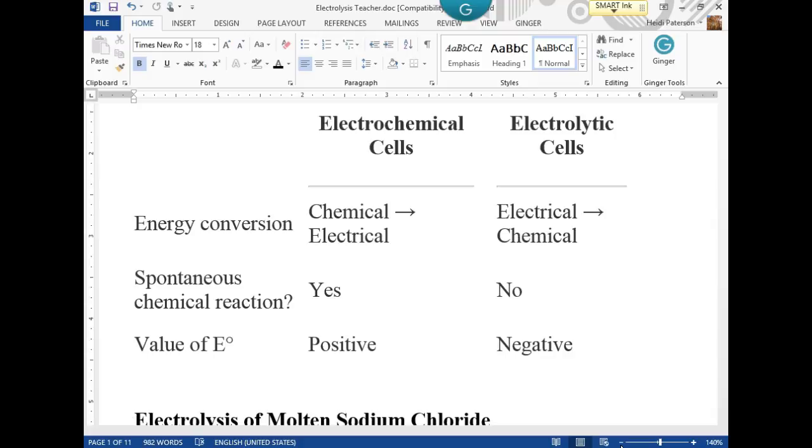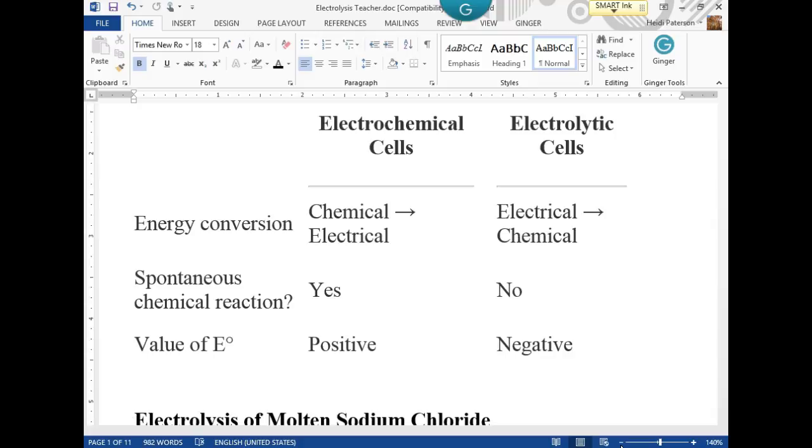Electrolysis cells take electrical energy and they drive electrons through a circuit. Electrical energy is needed because the electrolysis reaction is not spontaneous.